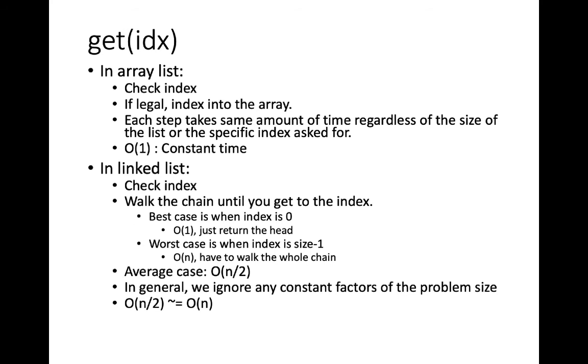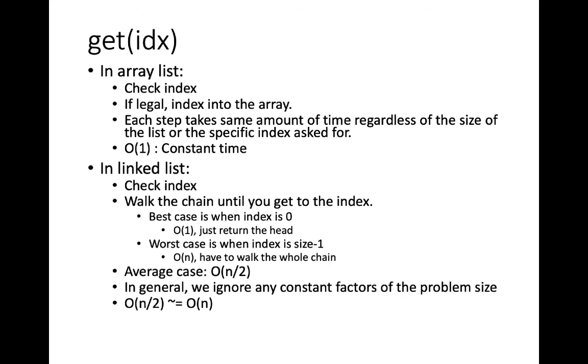And that's the idea behind big O. We don't really care about exactly how much, the factors involved. We just want to characterize the operation with respect to some sense of size of the data structure, which in this case is n, the size of the list. So checking the index is an order 1 operation.